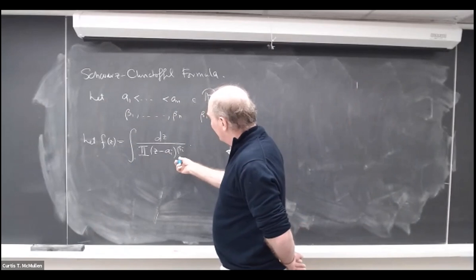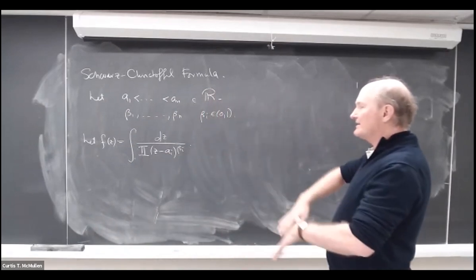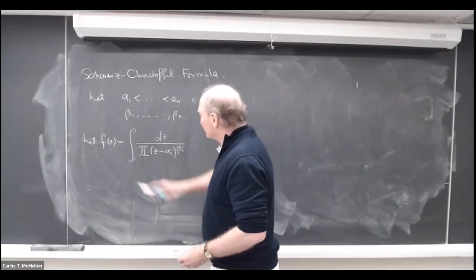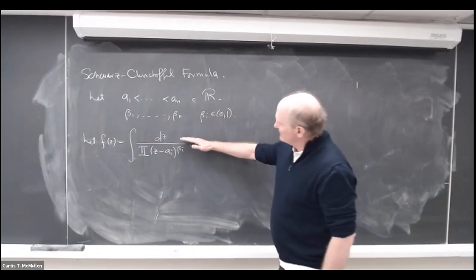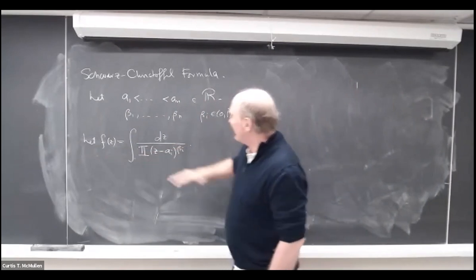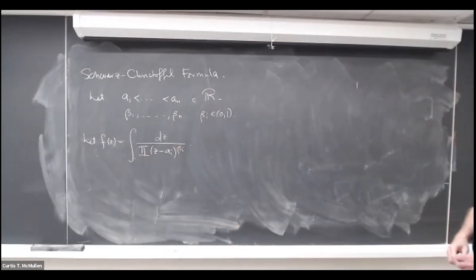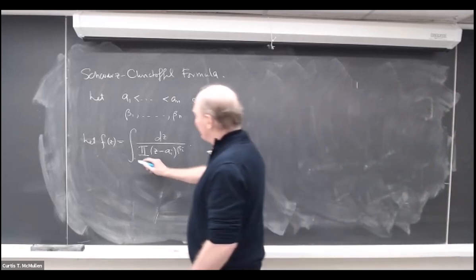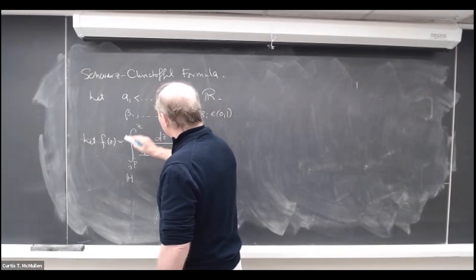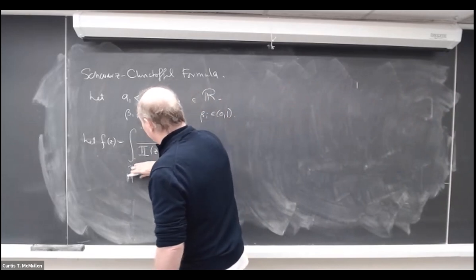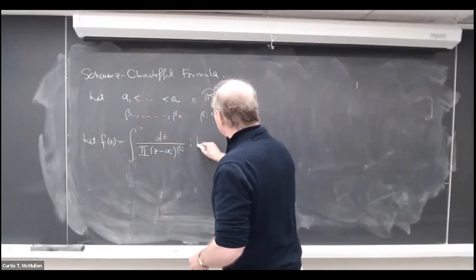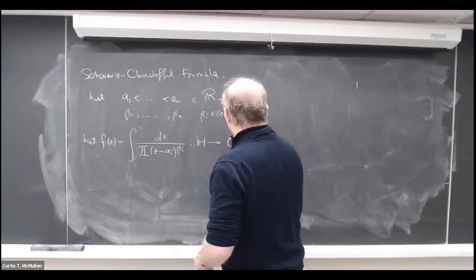This quantity can be analytically continued in a single valued way to the upper half plane. Now, what does the integral sign mean? It just means first analytically continue this function, make it well defined in the upper half plane, then take any function that has this as its derivative. If you like, you could fix a base point p in the upper half plane and integrate from p to z. But z is already inside the function, so that's too confusing. That's the idea. We think of this as a map from the upper half plane into the complex plane.